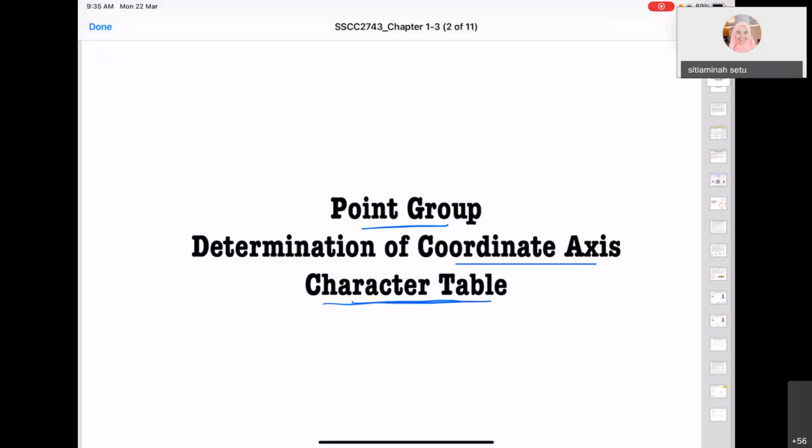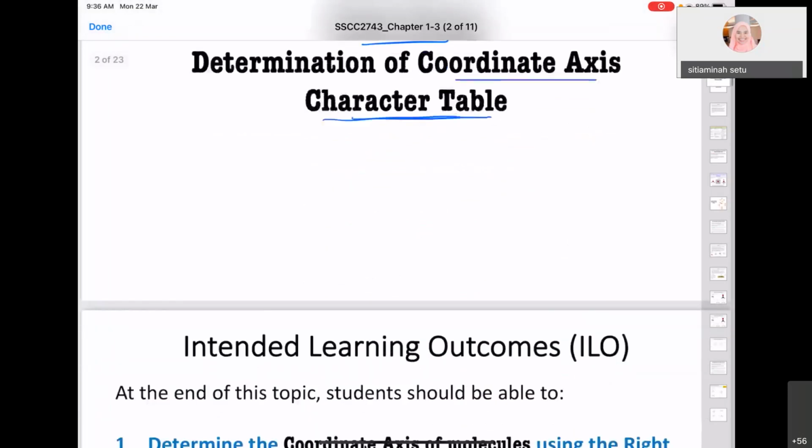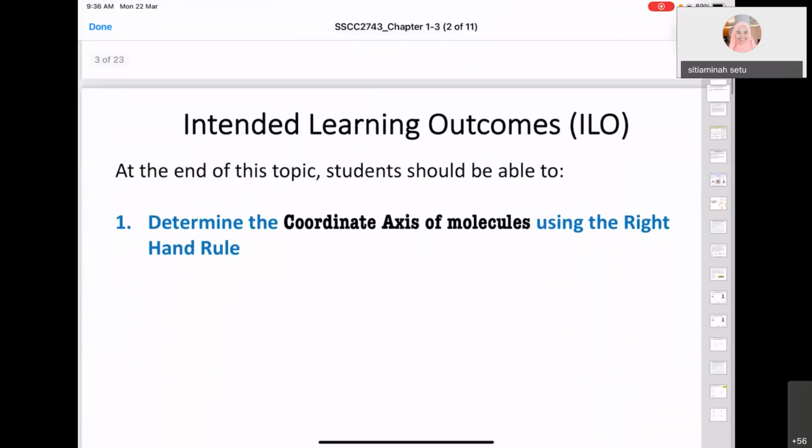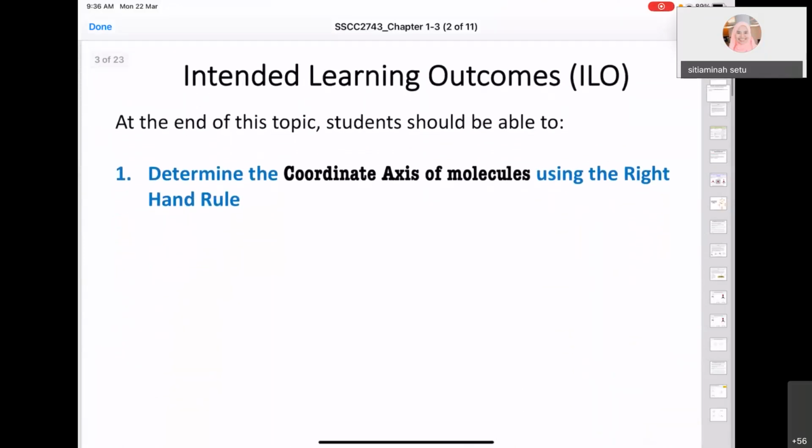Sebab kalau nak lebih detail you kena sambung master, sebab dia agak tough jugalah. The intended learning outcome: at the end of this topic, students should be able to determine the coordinate axis of the molecule using the right hand rule.